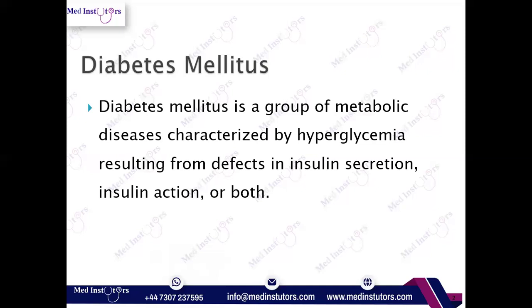That may be because of a problem with insulin secretion from the pancreas, or the pancreas may be secreting insulin but it is not able to act properly. That is the problem with insulin action, or a combined problem may be there. This is the main pathophysiology behind diabetes mellitus.